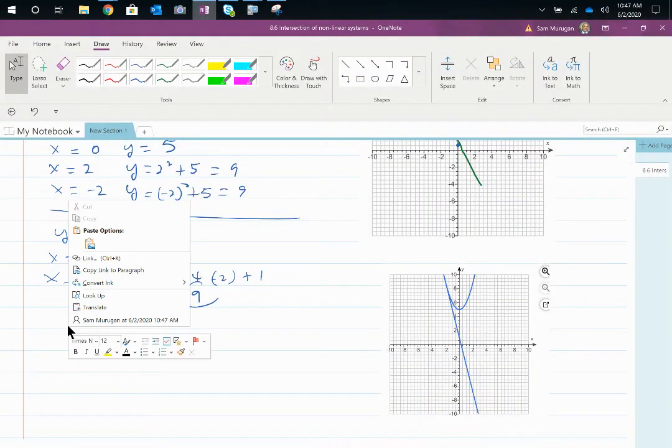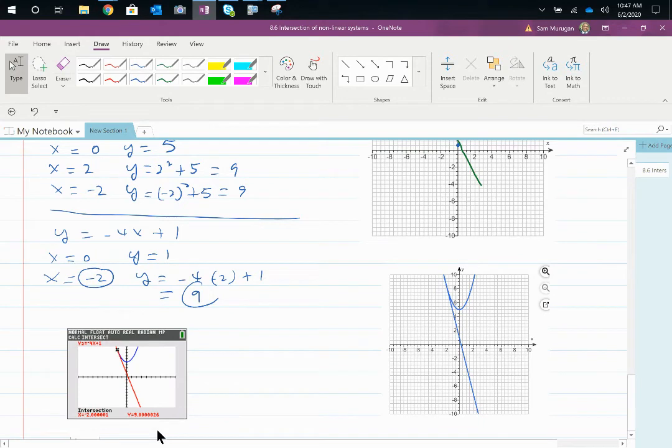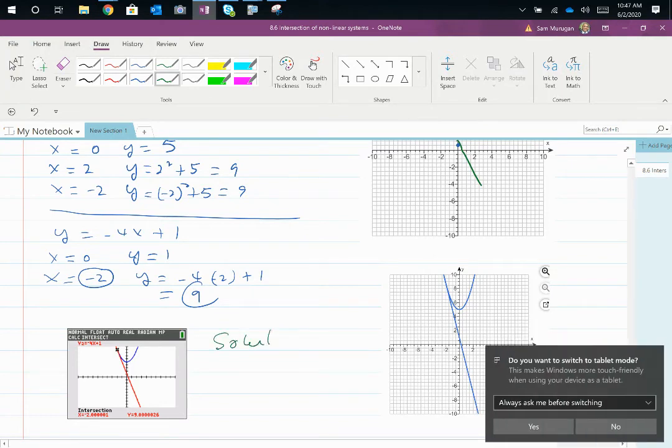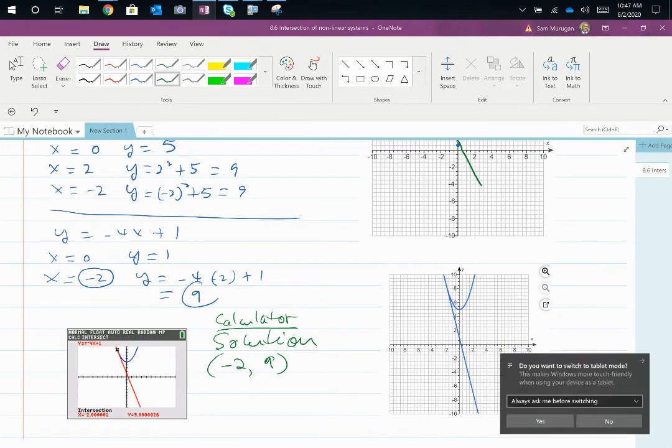So the calculator's solution is at, sorry, -2 and 9. -2 and 9, yes.